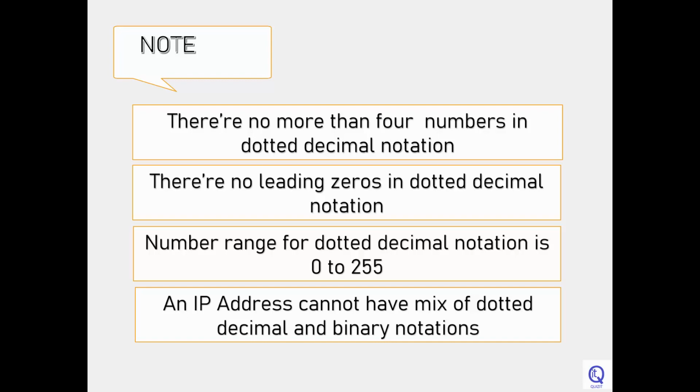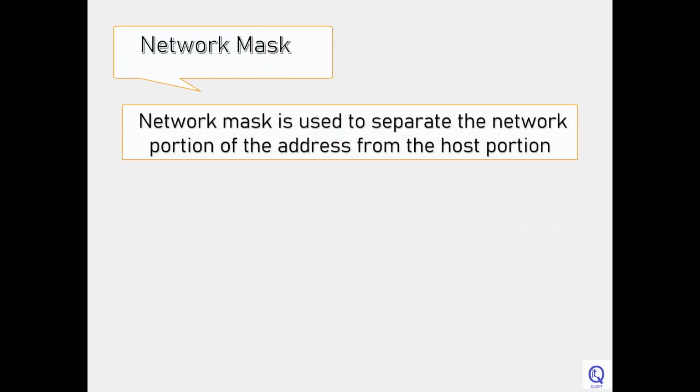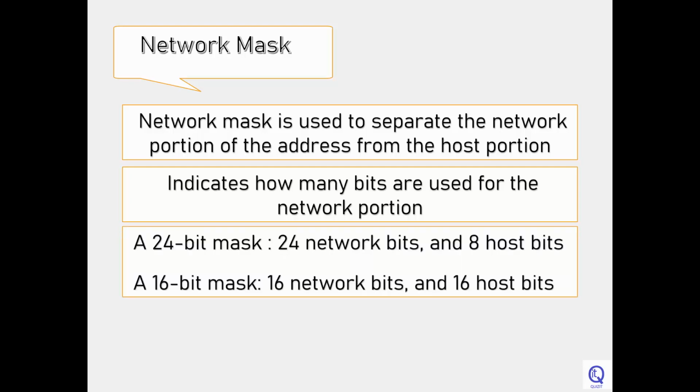What do we mean by network mask? A network mask is used to separate the network portion of the IP address from the host portion. Simply, we can say the number of bits assigned to the network portion is indicated by the network mask. Therefore, if you say a 24-bit mask, that means in your network you have 24 network bits and 8 host bits.